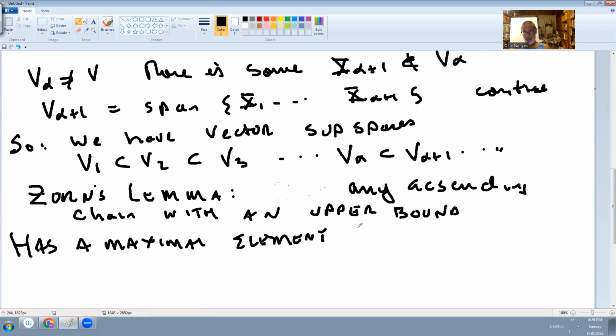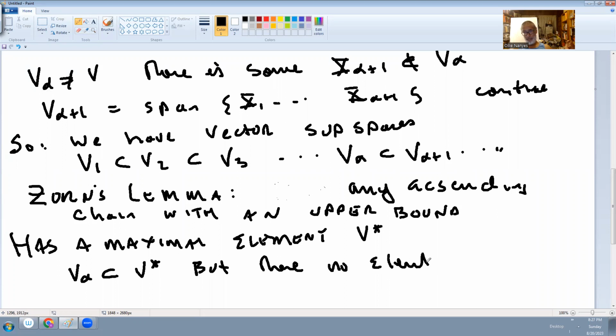Let's call that maximal element V star. What maximal element means is that every V alpha is a subset of it, but there is no element in the chain, let's call it V prime, where V star is a subset of V prime.